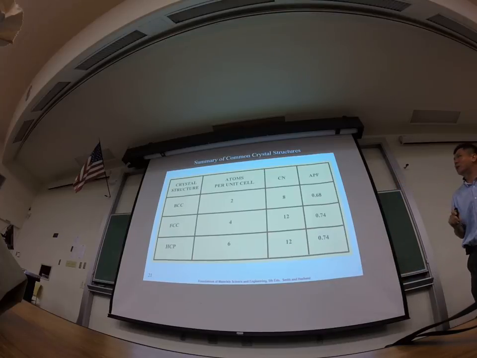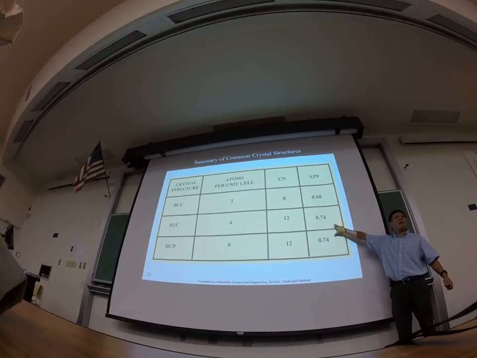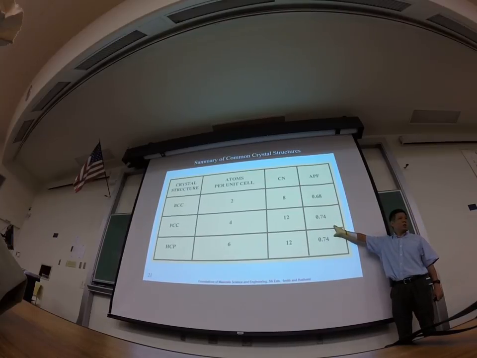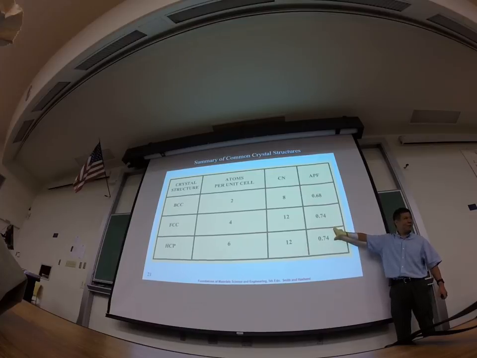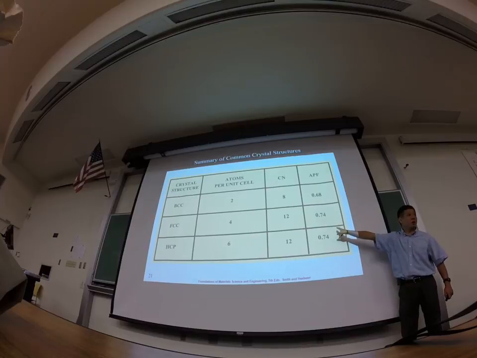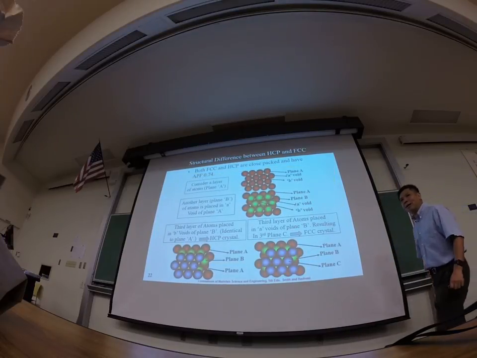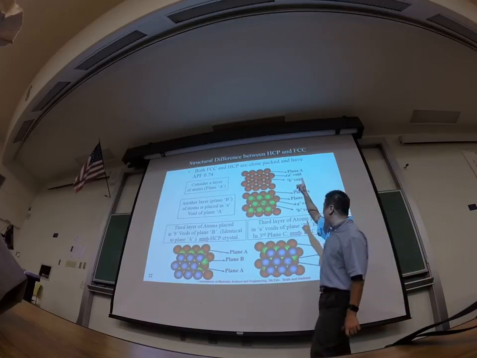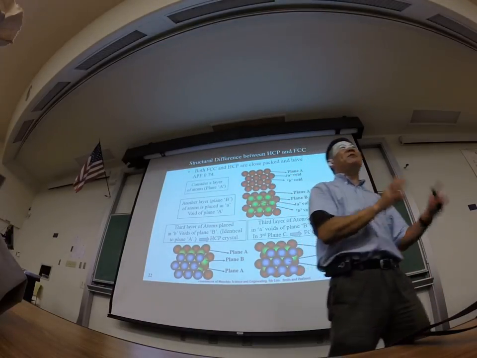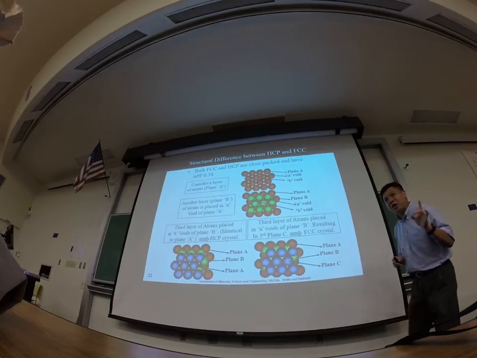And the most important thing I want to show you is FCC and HCP are the most close packed, densely packed, 74%. BCC is another densely packed, but lower than the FCC and the HCP, right? And as I mentioned, FCC and HCP both have 74% packing, but their structure is different.